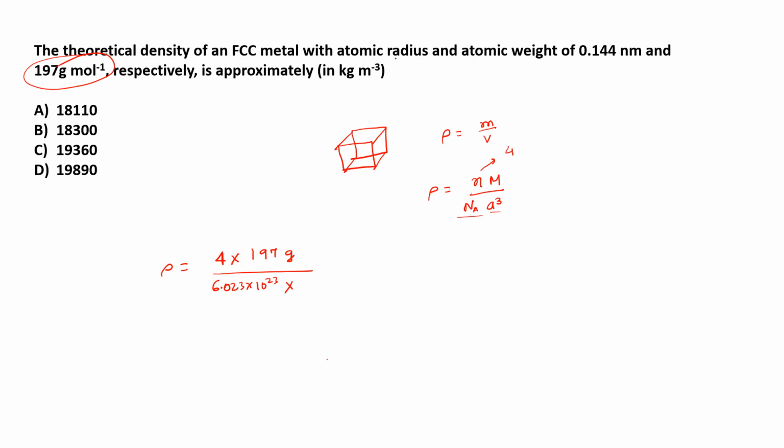Here we have the atomic radius. In the case of FCC, we know the relation 4r is equal to root 2 a, so a will be equal to 2 root 2 r. So a is 2 into root 2 into r, that is 0.144. How much will it be? You can do the calculation.